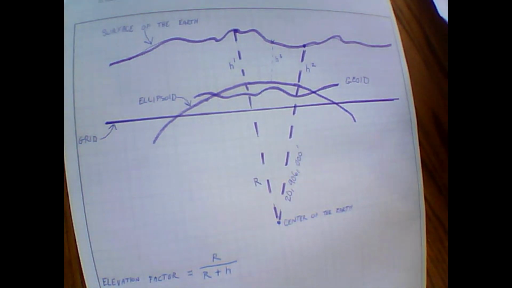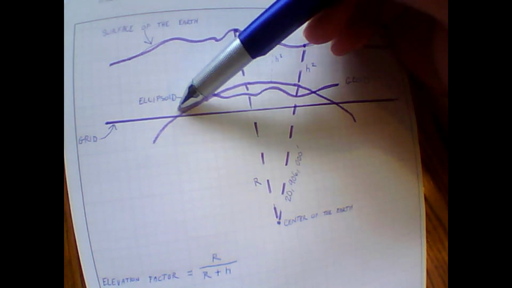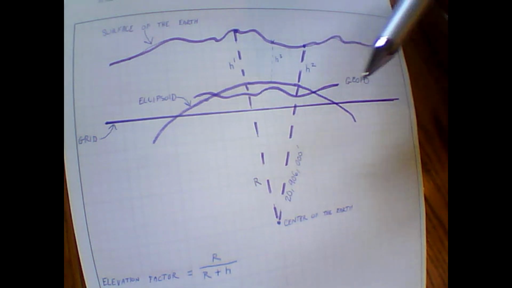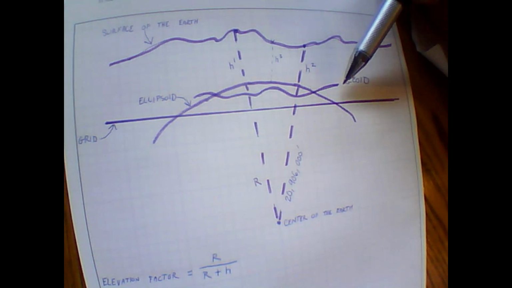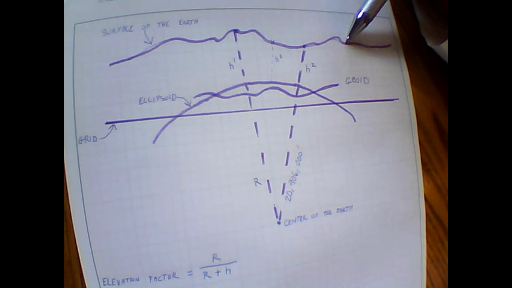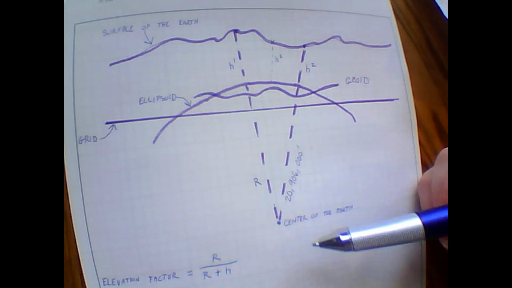All right, guys, so this is what we got. You've got the surface of the Earth, the ellipsoid right there. This rounded thing is the ellipsoid. And you've got the geoid. You've got the state plane grid. This is the grid. This is what your grid coordinates are going to be based in. This is what your ground coordinates are going to be based in. You've got the center of the Earth.